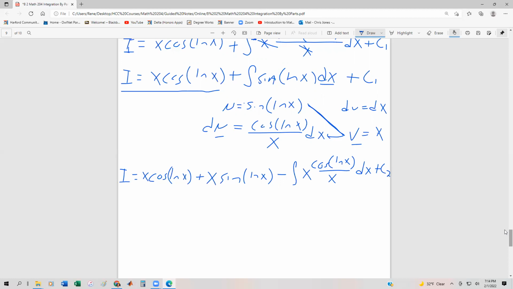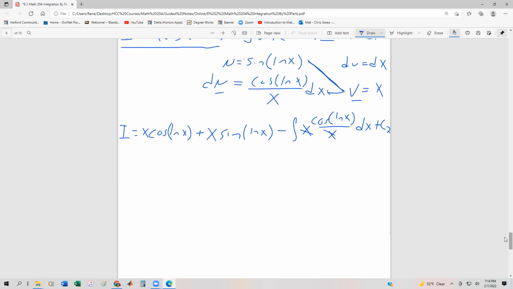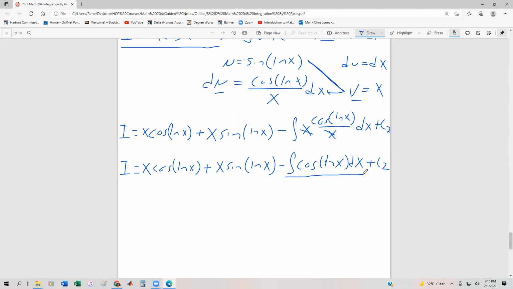Just like before, the x's are going to cancel out. And what are we left with? It looks like we're going to be left with, once again, another integration by parts. So I is going to be x cos ln x plus x sine ln x minus the integral of cos ln x dx plus c2.